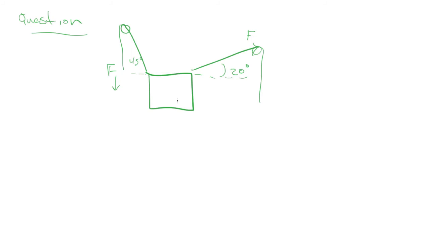Let's see, we're attaching this corner to a spring. This is acting at 25 degrees. And then we're also pulling down with something called F sub P. Right?